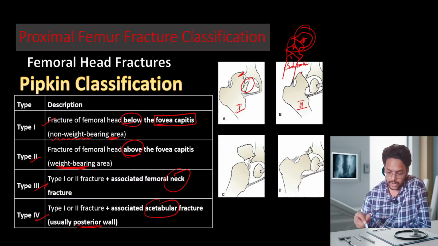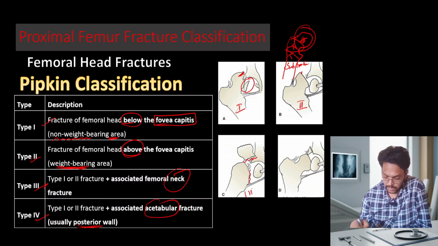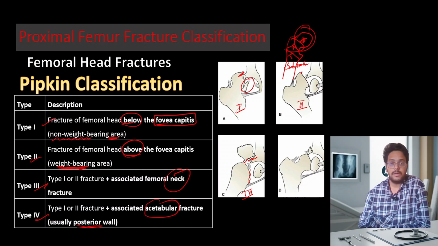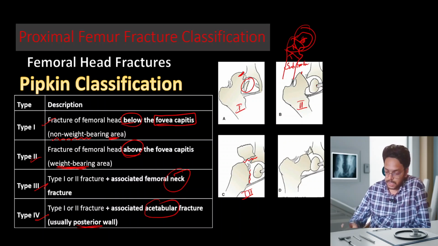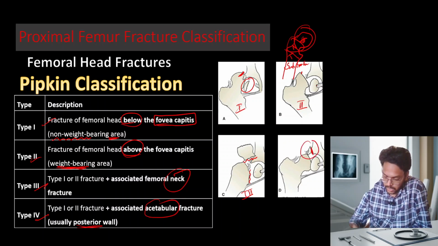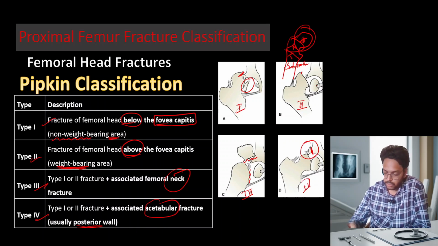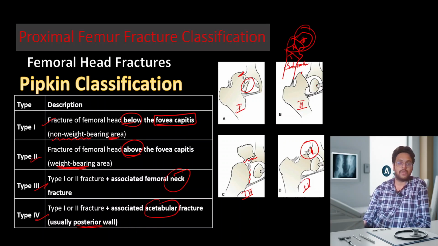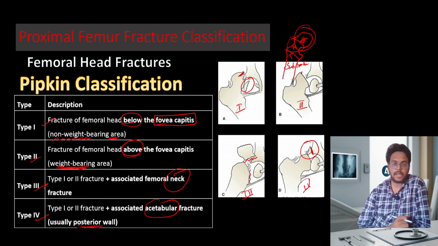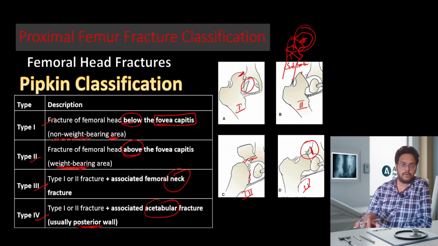If a head fracture is associated with a neck fracture, it's type 3, and if the head fracture is associated with an acetabulum fracture, then it's type 4. Usually the posterior wall of the acetabulum is fractured. So this is the Pipkin's classification for femoral head fractures.